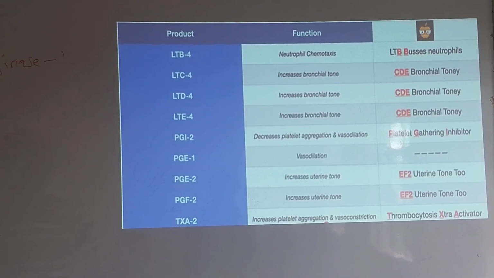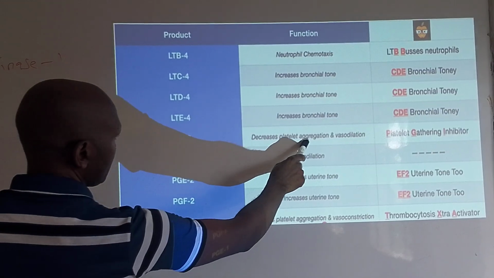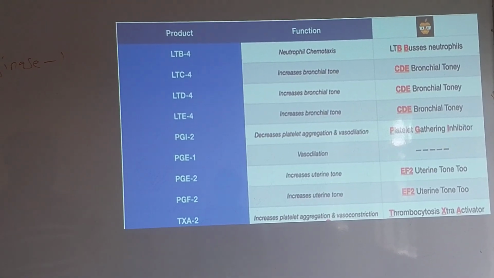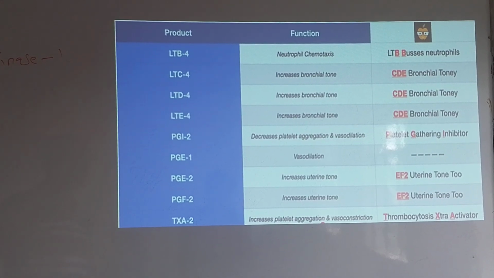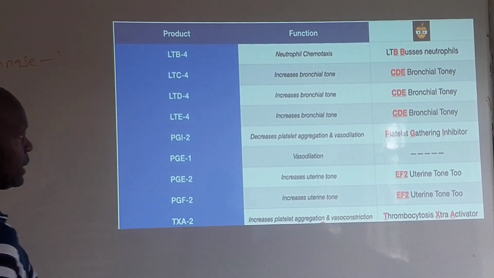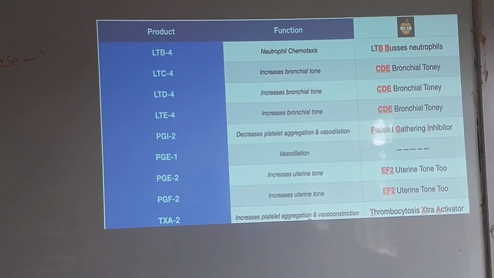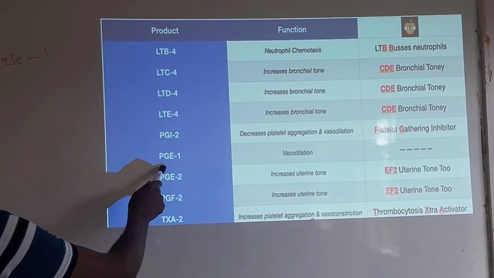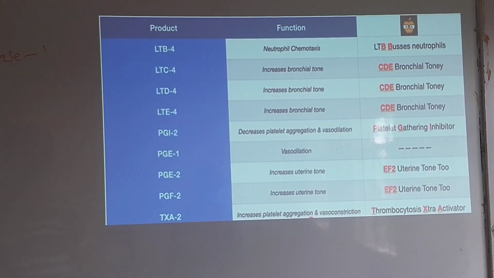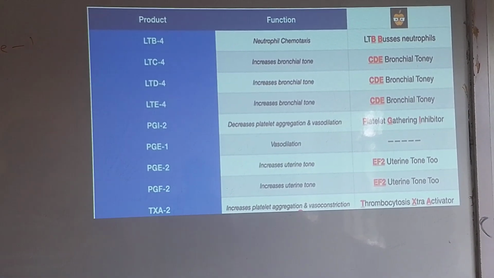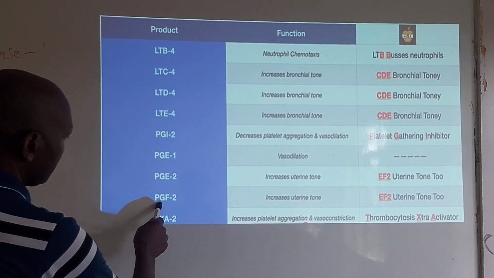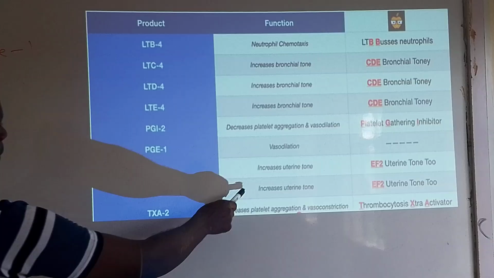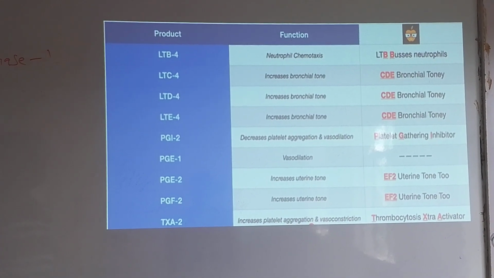Then prostacyclin decreases platelet aggregation. This one is found mostly in the endothelial tissues of the blood vessels. Then prostaglandin E1 causes vasodilation. Prostaglandin E2 and prostaglandin F will increase the uterine tone.